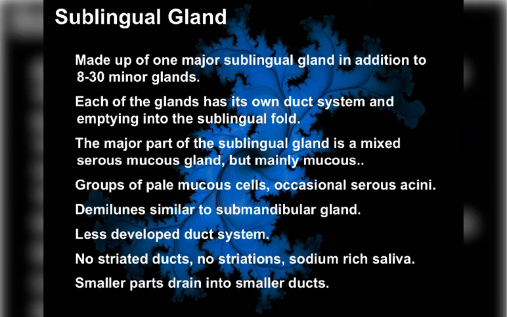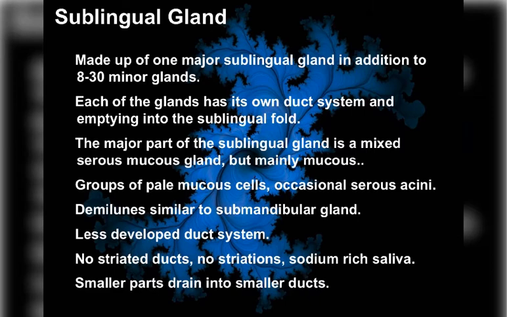Smaller parts drain into smaller ducts. So the sublingual gland is a major salivary gland, and it's mixed mucoserous. The majority is mucus, the minority is serous.